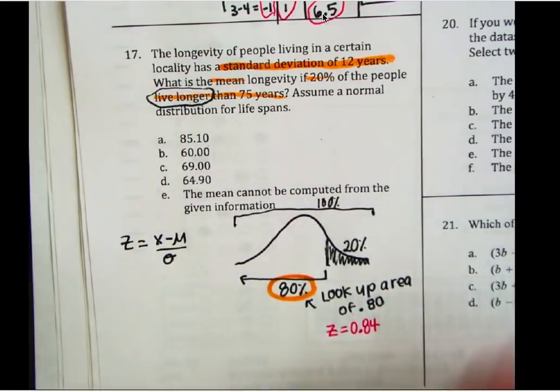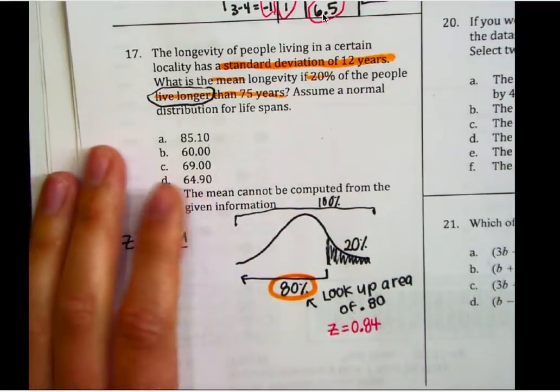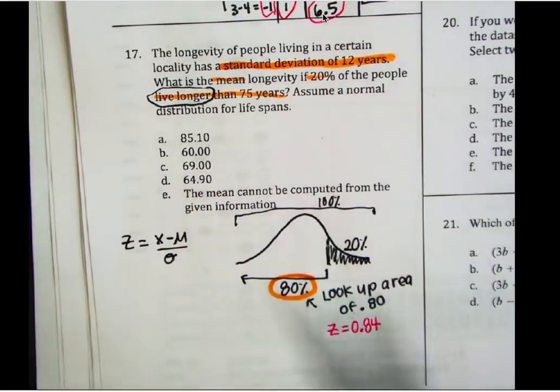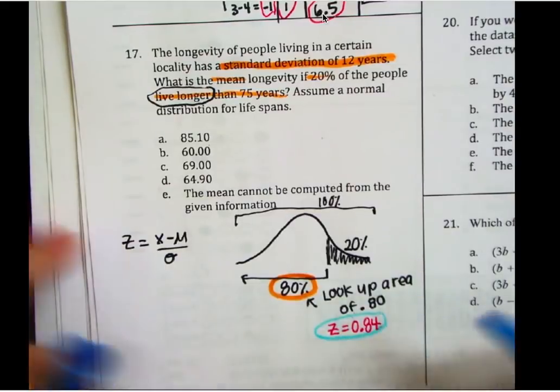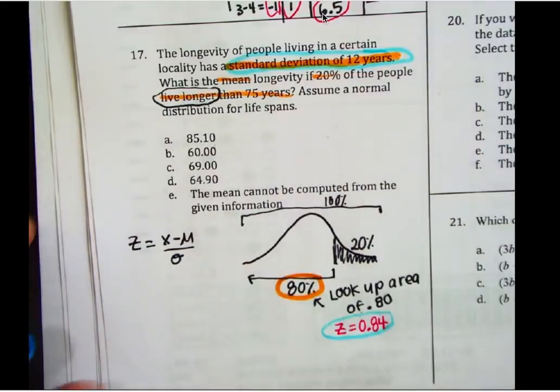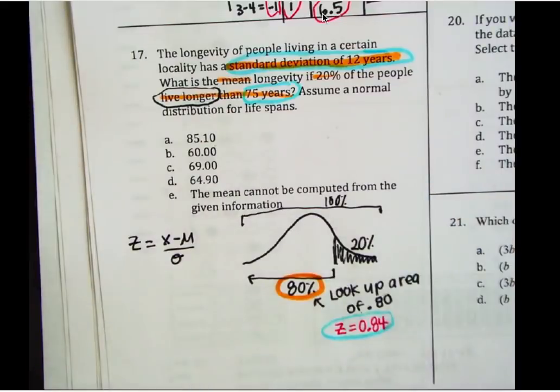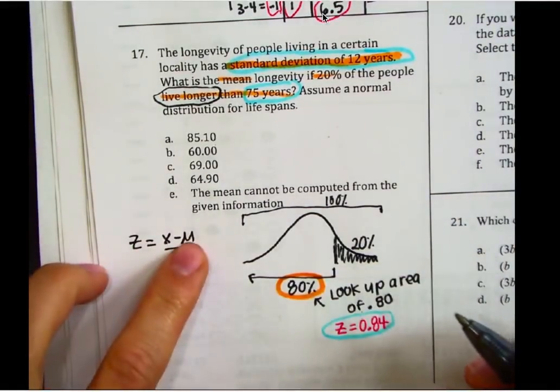Okay, so now we have a z-score. We have a standard deviation. And we have a value. So we're going to plug these into our equation, and we're going to find the mean.